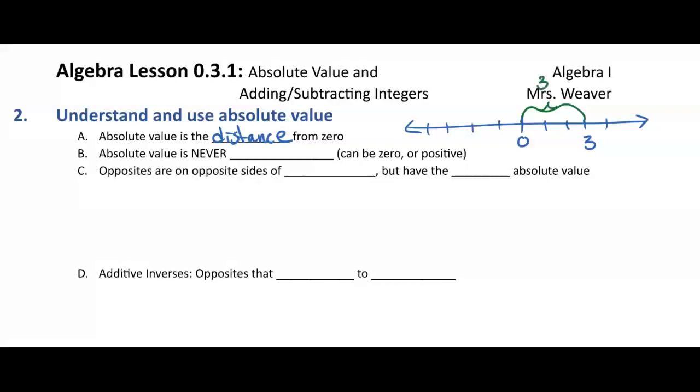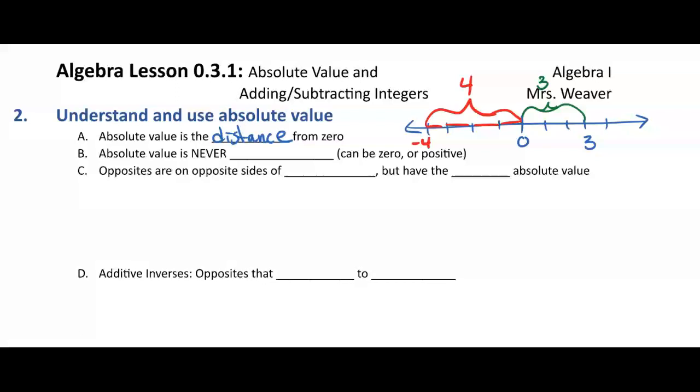If I am using a point here, 1, 2, 3, -4, my distance from 0 is 1, 2, 3, 4. Just how far am I from 0? That is what absolute value means.